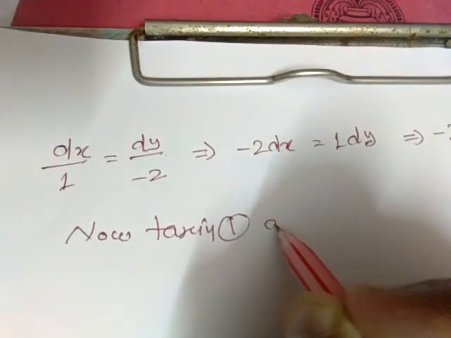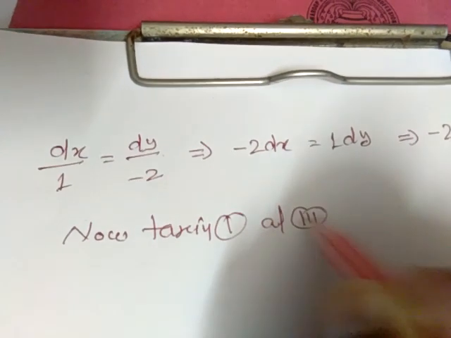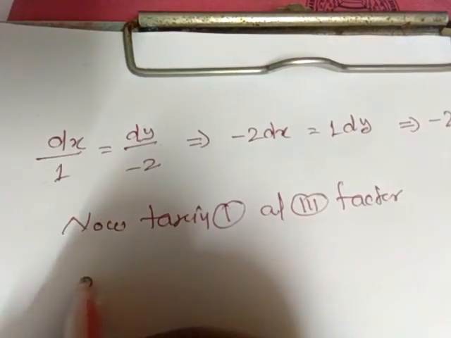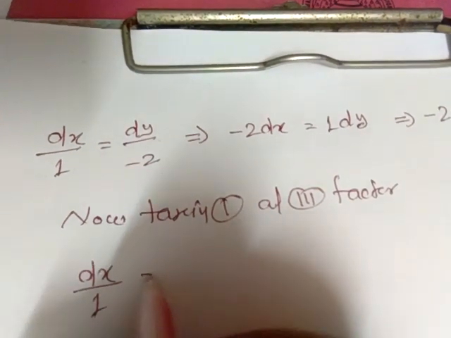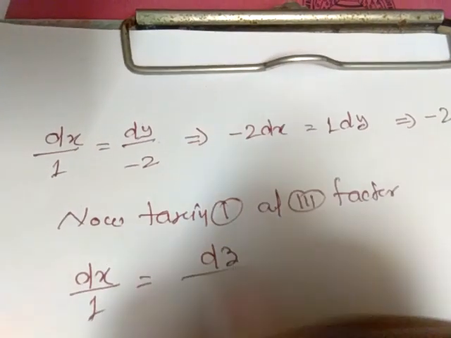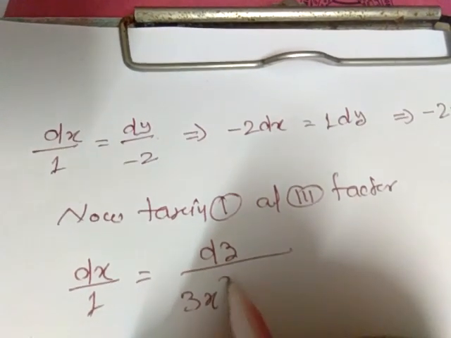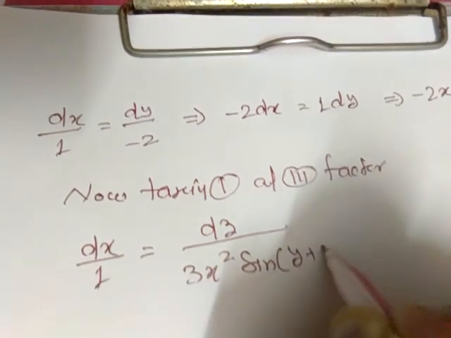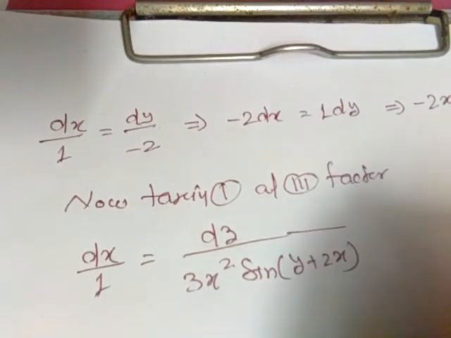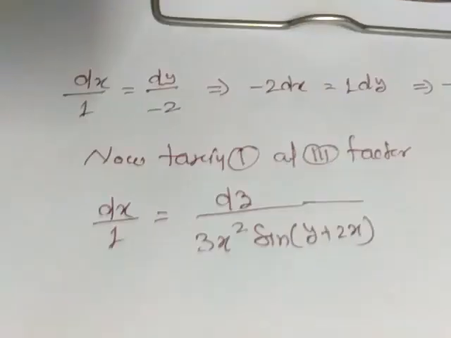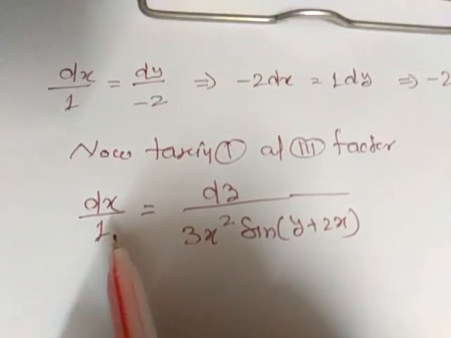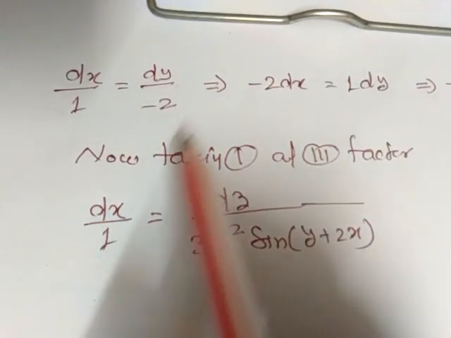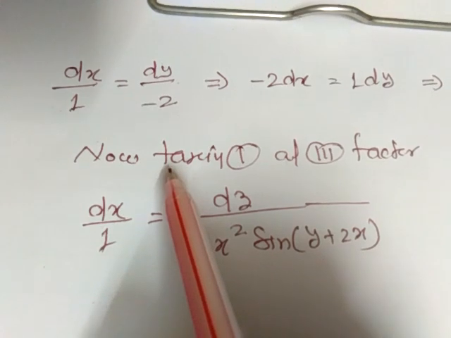Now taking the first and third factors, we get dx upon 1 is equal to dz upon 3x square sin y plus 2x. Here it is easy to select dx upon 1 rather than dy upon minus 2.